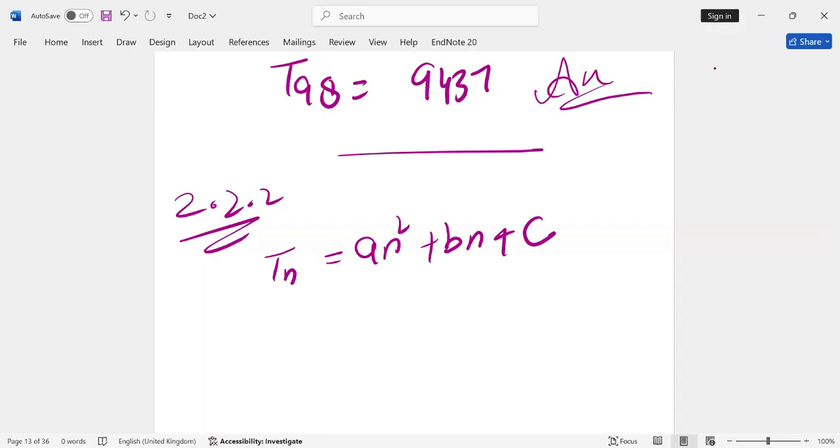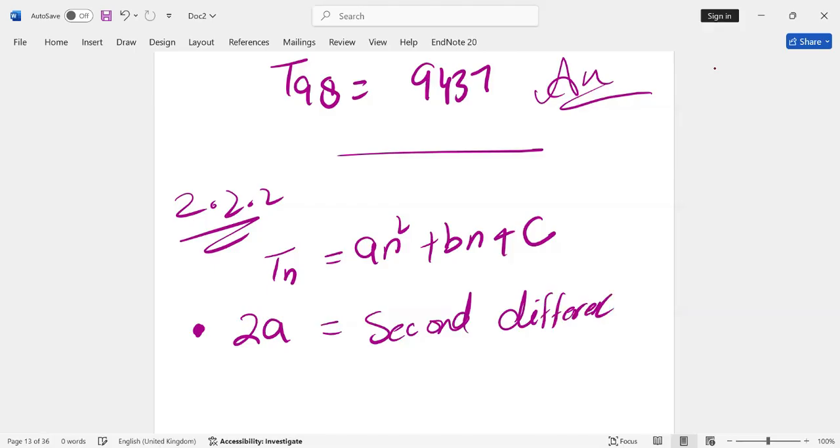The second difference is 2, so 2a equals the second difference, and the second point is 3a plus b equals the first difference.